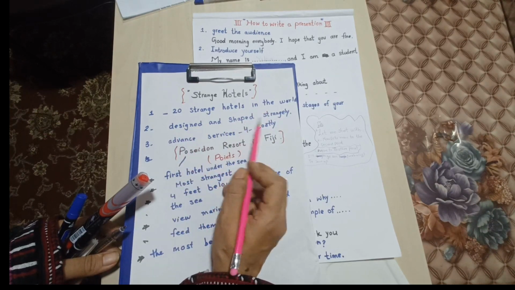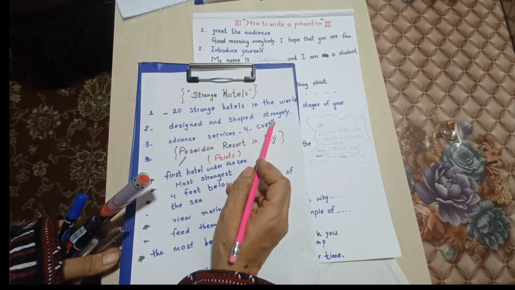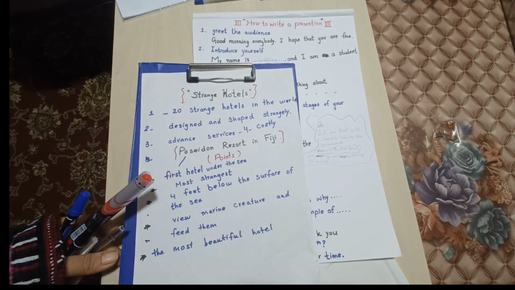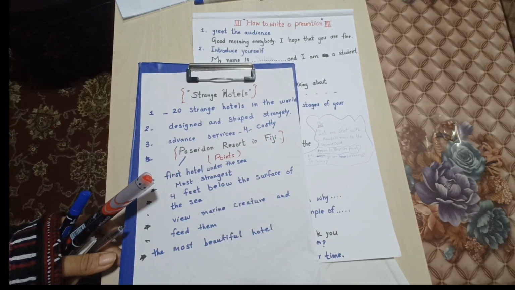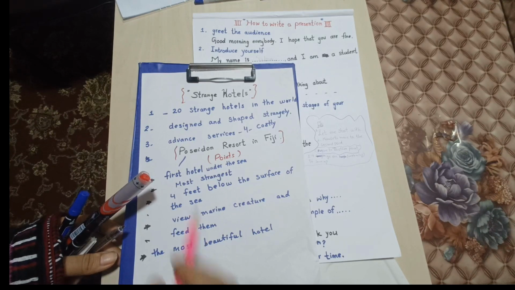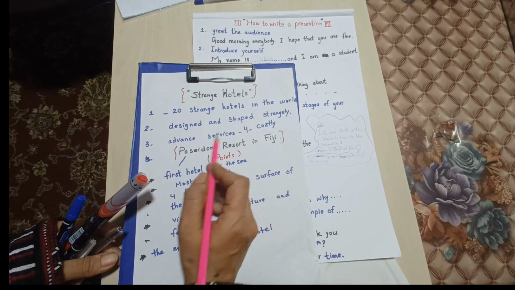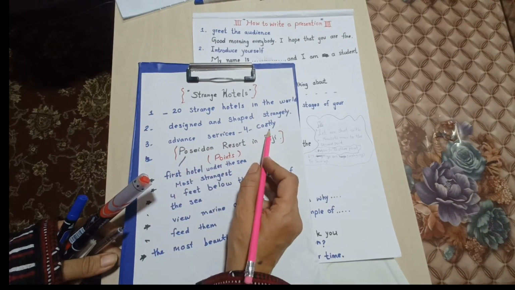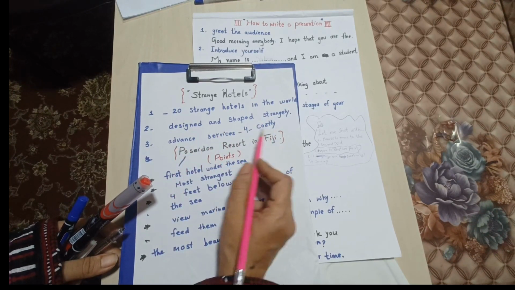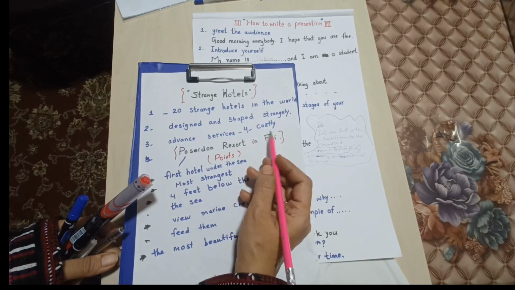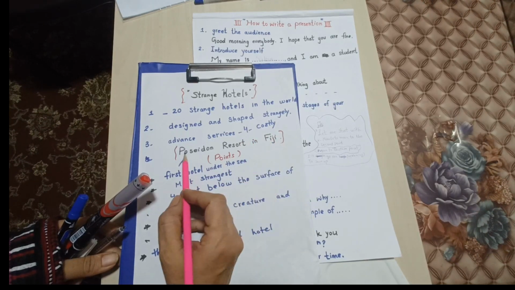They are designed and shaped differently from other hotels. Suppose they are on the mountain or in the sea, deep in the sea or somewhere else. So they are designed differently with different locations. They are costly, very expensive, because they have some different facilities and views. That's why.